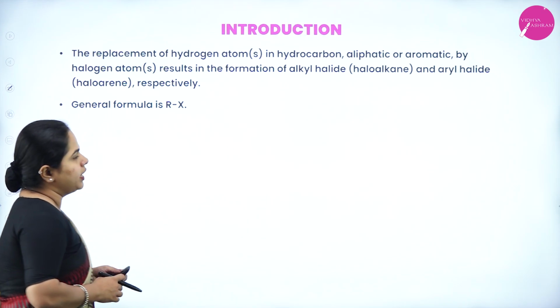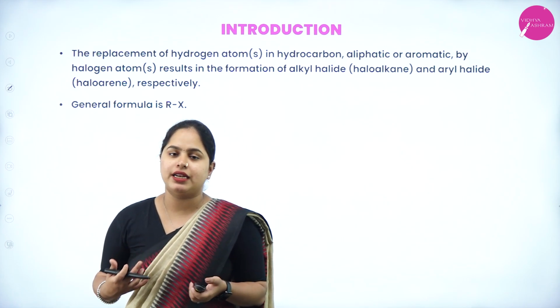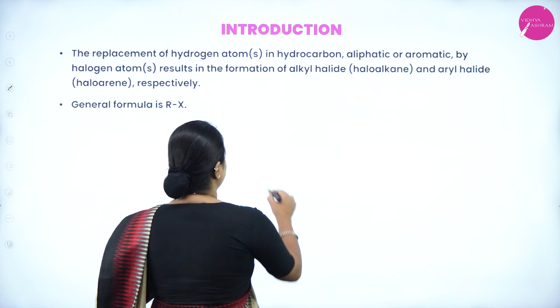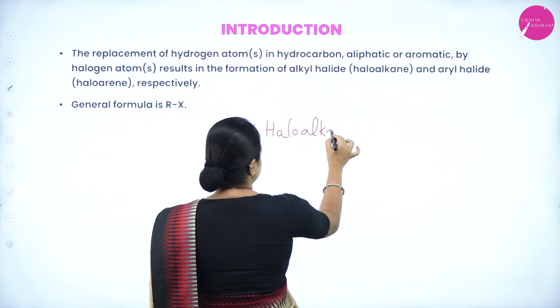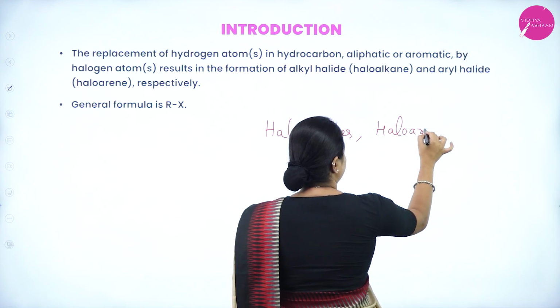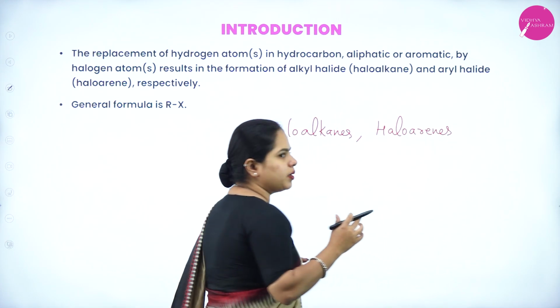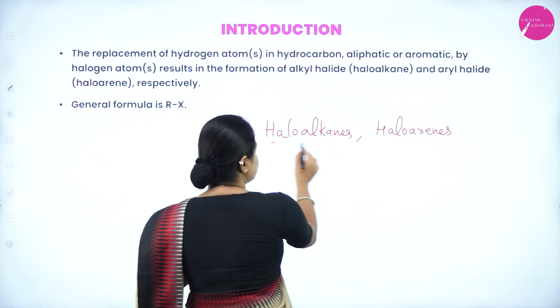So as you can see, first of all, the chapter name itself says it is haloalkanes and haloarenes, right? Haloalkanes, haloarenes. So from the name itself, there are a few things that you can understand, right? This halo is common in both.